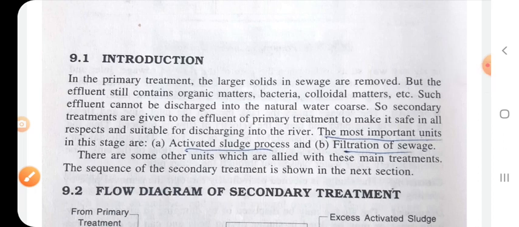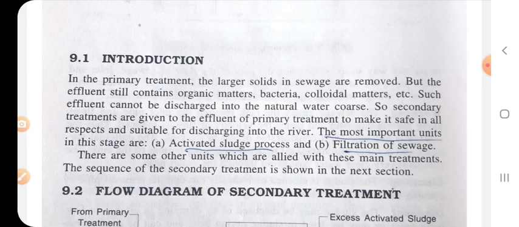In the primary treatment, large solids in sewage are removed, but the effluent still contains organic matter, bacteria and colloidal matter.